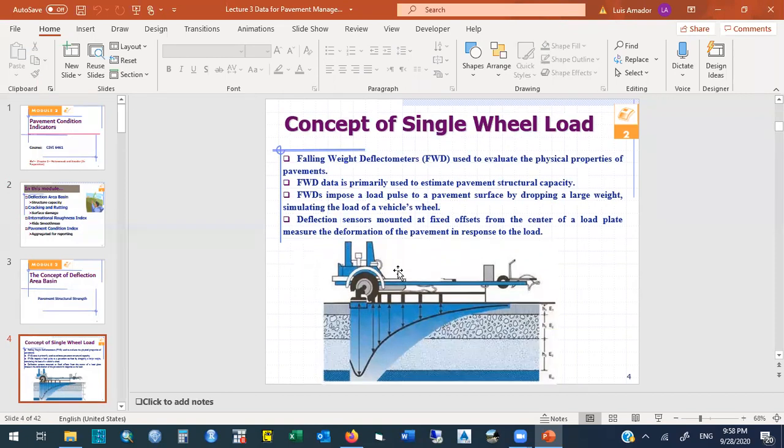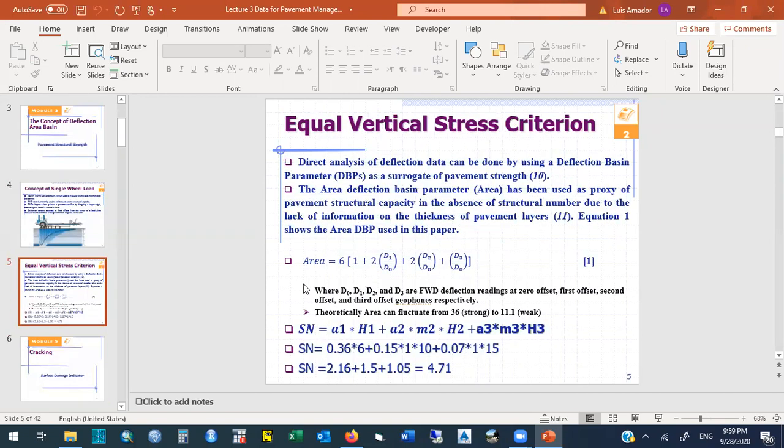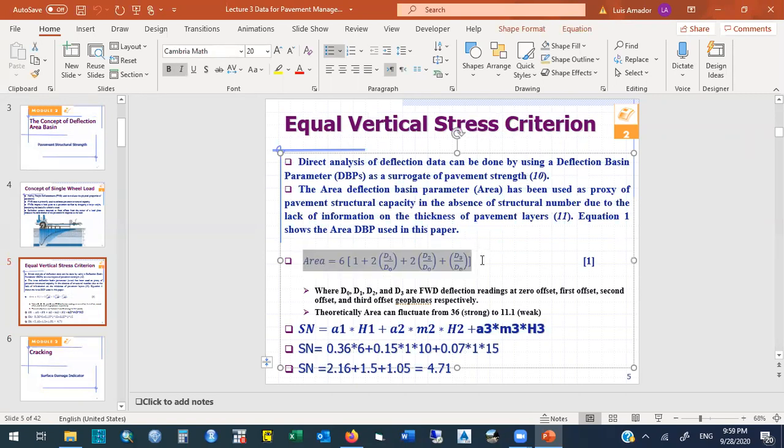So these deflection sensors are separated a given distance of about 300 millimeters one from the other. And we use them to create different indicators that will relate to how strong or weak the pavement is. Now, one of them is the one you have on screen right now, which is called the deflection area basin, this one over here, okay?